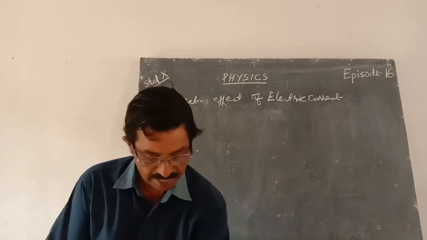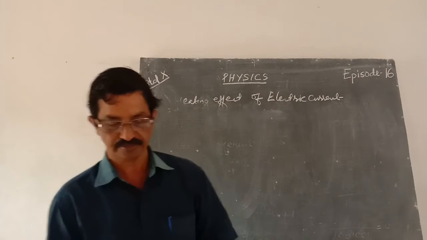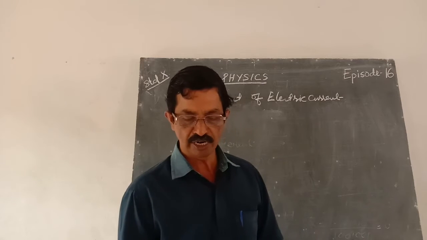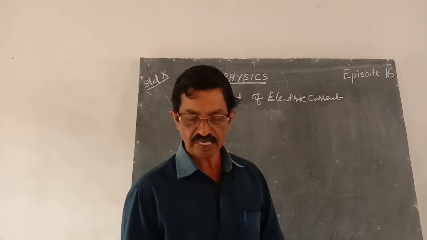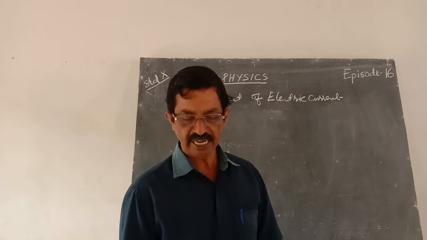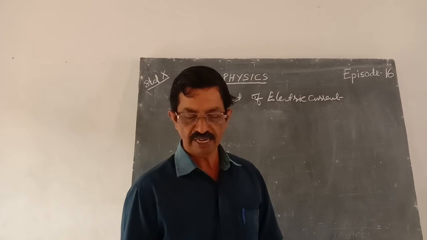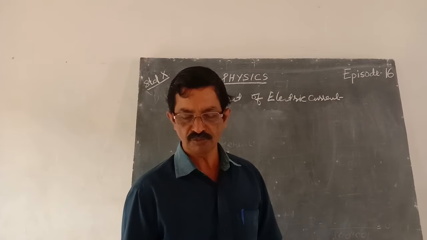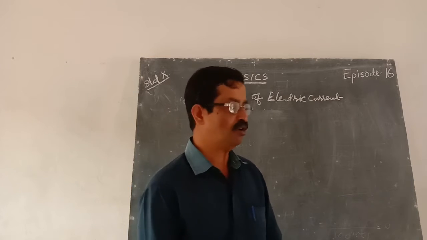Now another question is given, the fourth one: how can three resistors of 2 ohm, 3 ohm and 6 ohm be connected to give a total resistance of 4 ohm and 1 ohm?